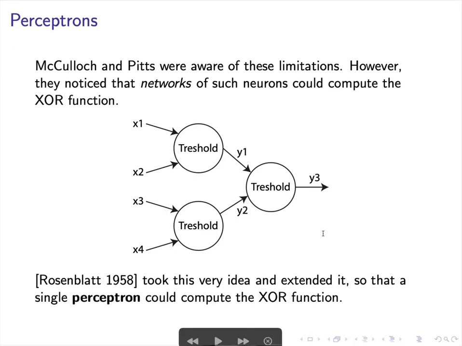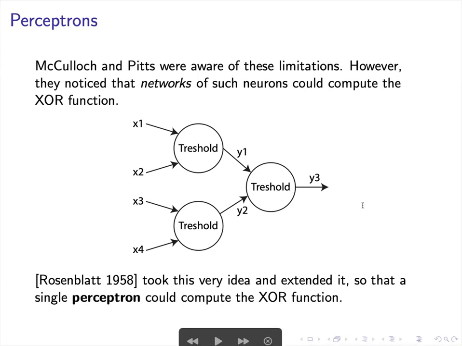Let's say that you give it an input, then you collect an output at the other end, and then you compare it to what you would expect to get. So you say, well, y3 is 0, but I would expect that to be a 1. So what can you do? You can go back and change some of these thresholds so that your expectation is matched by the output of your neural network.